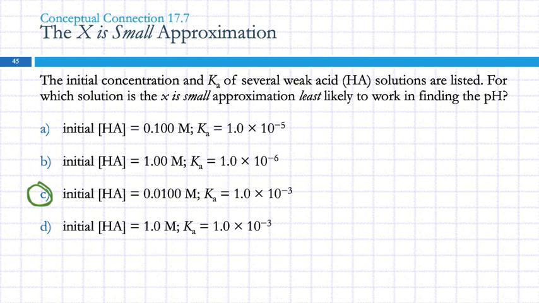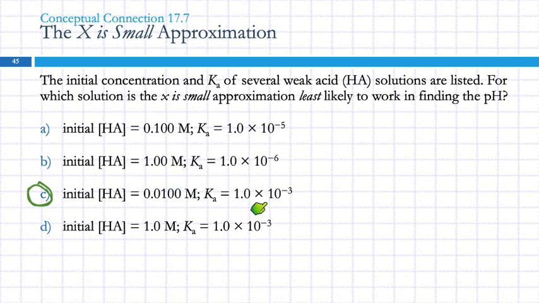We need X to be small relative to that initial concentration. So here, the initial concentration is large, and so a small x doesn't have to be terribly small. Here we've got 0.1, here's another 1 molar. This is the smallest initial concentration.